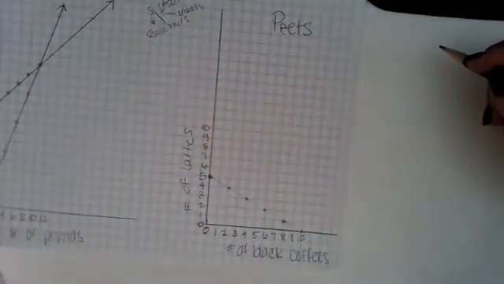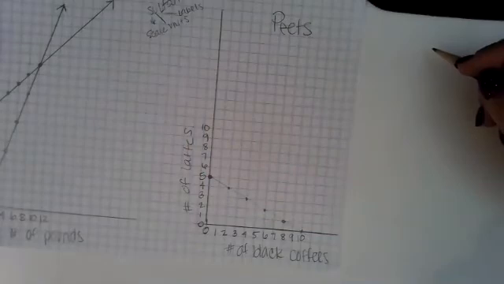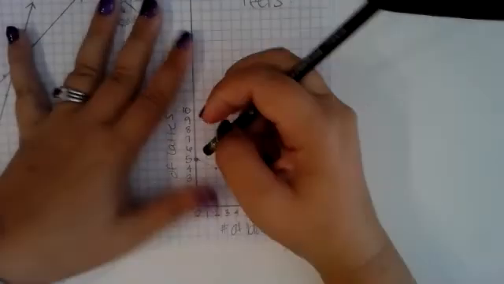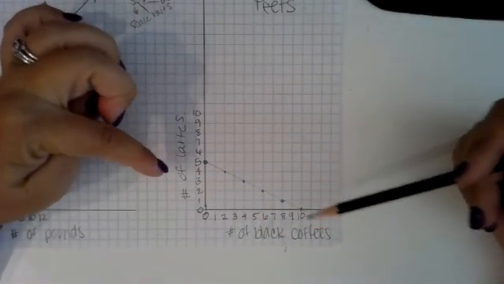And then should this have arrows on it? No. Okay. Should I have connected this? You guys all just follow along with me as I lead you off the cliff. You have to think. No, you shouldn't have, because it's not continuous. Correct. This is not a continuous graph.